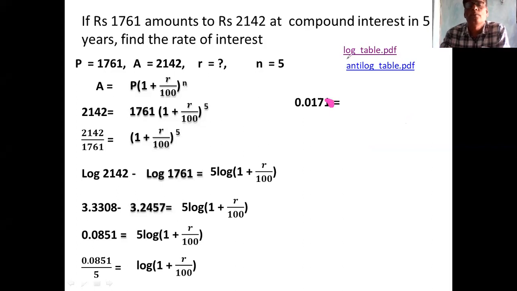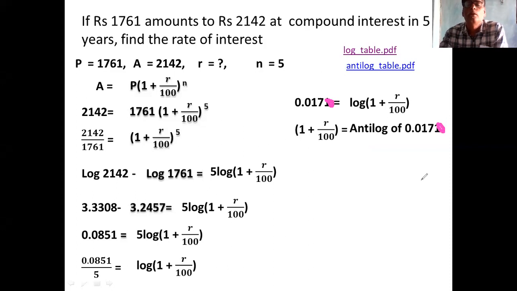Then what is the next step? It is equal to log of 1 plus r by 100. Therefore, 1 plus r by 100 is equal to the antilog of 0.0170.